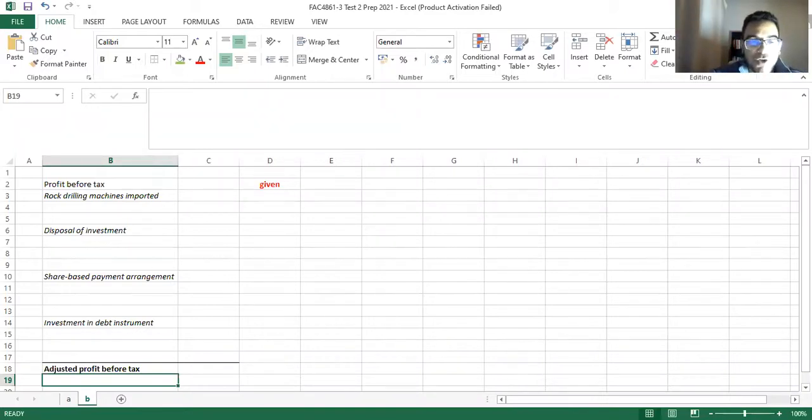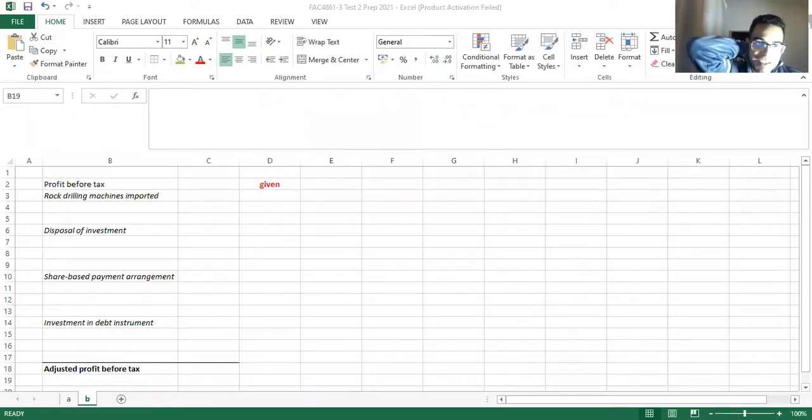So the first thing you can do is plug in the profit before tax that was given to us. The profit before tax was given to us as 32,560 before processing the necessary journals to account for the transactions below. So how are you going to deal with this? When you read through the scenario, you must picture the journal entries.